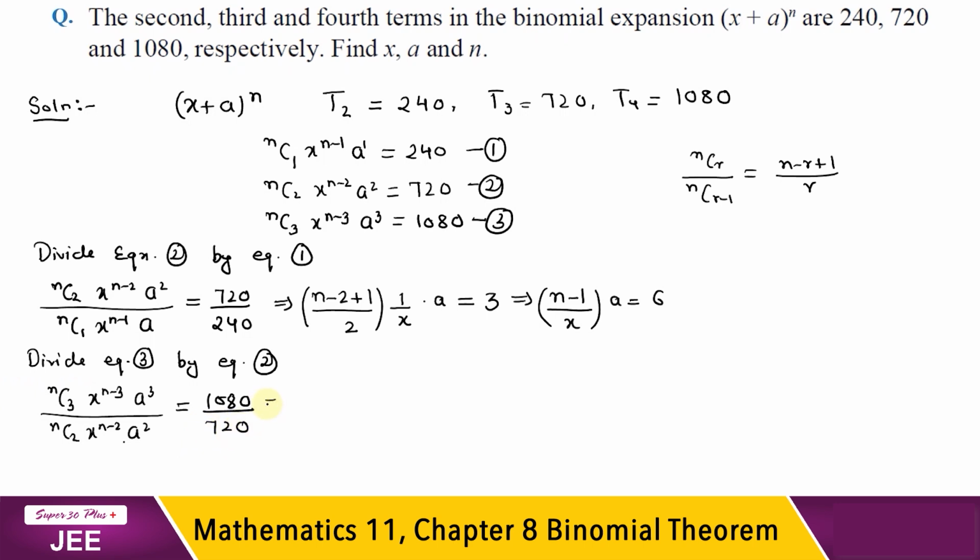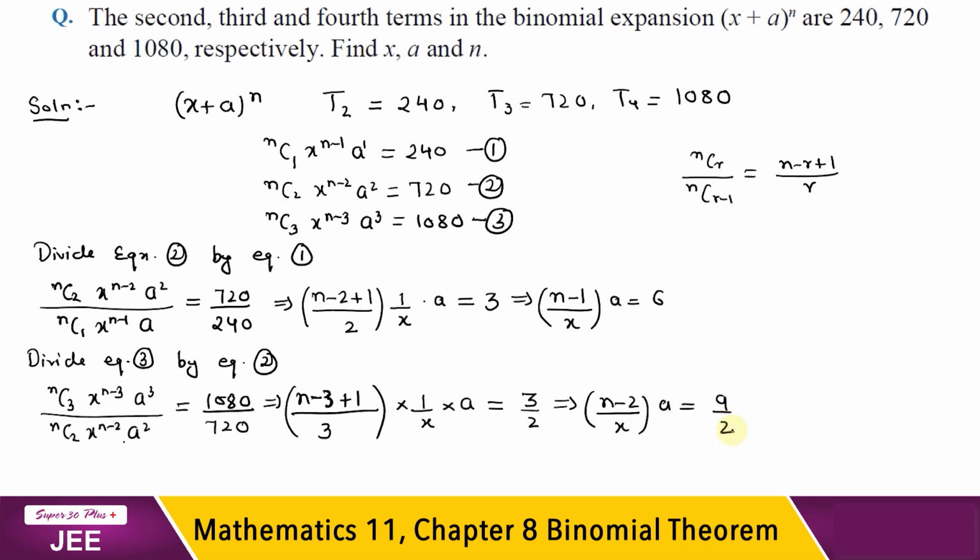Again nCr upon nC(r-1) becomes (n - r + 1) divided by r, 1 by x, and over here we have a, and in RHS this ratio is equal to 3 by 2. So again we have (n - 2) over x multiplied by a is equal to 9 by 2. Now let us name this equation as equation number 4, and this as equation number 5.